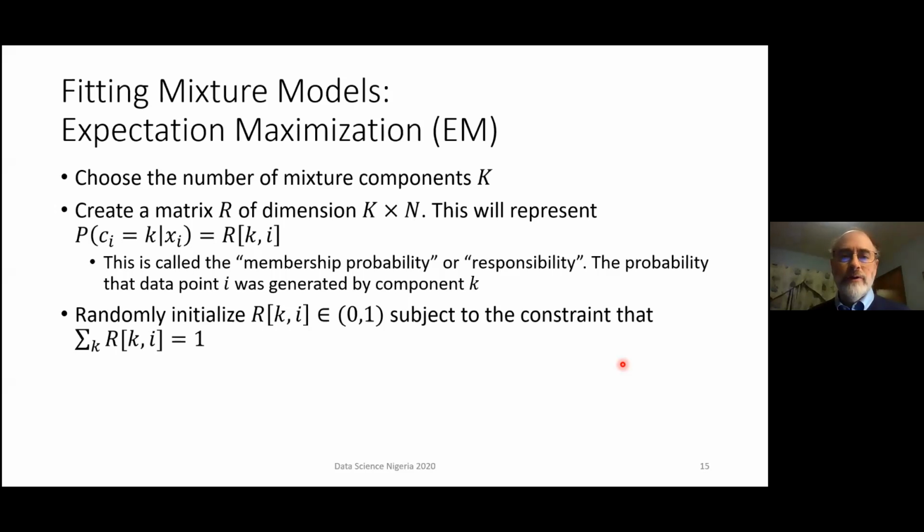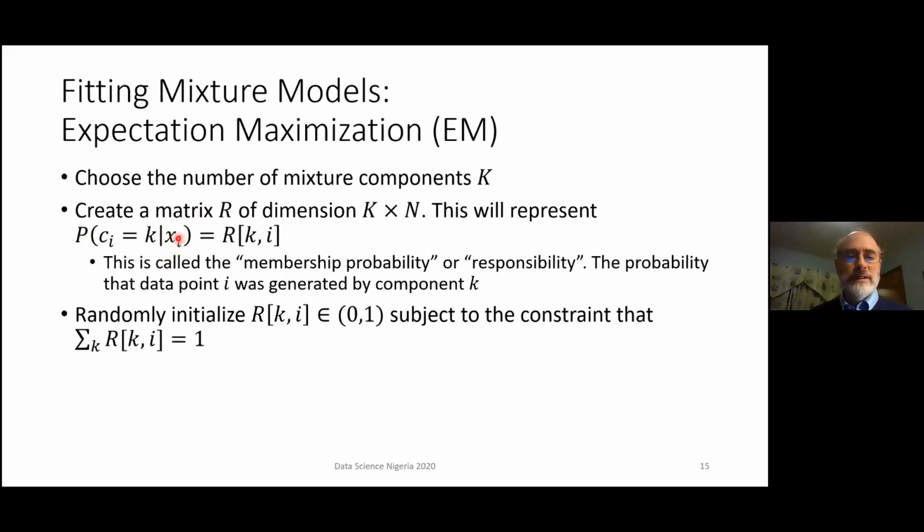There's a lovely algorithm called the expectation maximization, or EM algorithm, for fitting them. You have to choose the number of cluster components K, and then we create a matrix R of dimension K by N, where N is the number of data points. This will represent this quantity, which I call the membership probability or the responsibility.